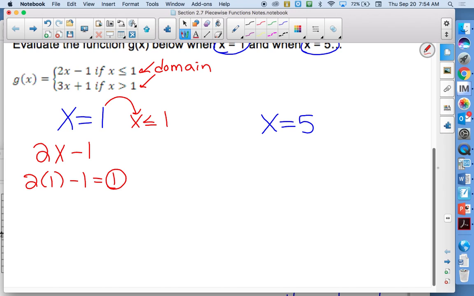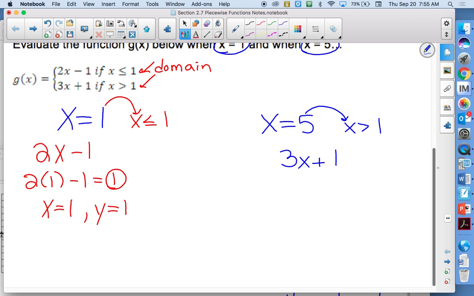So when x equals 1, then y is equal to 1, because you plug in x, you get out y. You could write it as an ordered pair, (1, 1). So if you look at the second one, it says x is equal to 5. Again, you've got to choose the correct piece of the piecewise function. 5 is greater than 1, so we're going to look at that second part, the 3x plus 1.